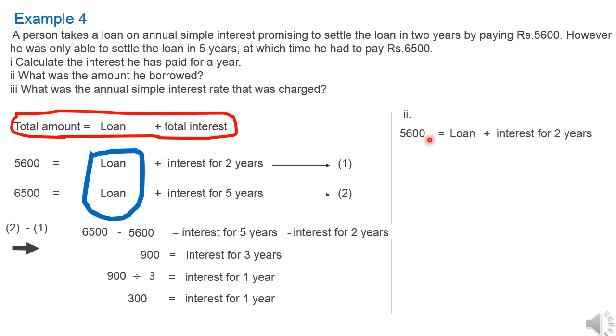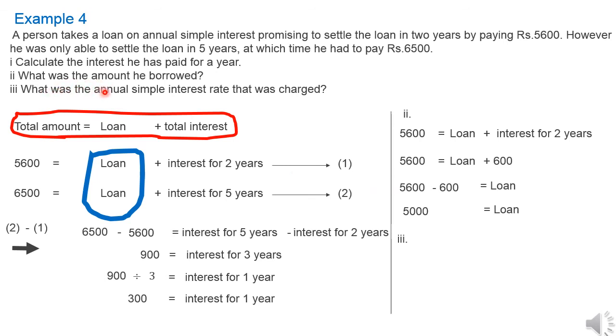So 5,600 is loan plus interest for 2 years, and you put 2 times 300, that is 600 rupees. Then you subtract, and you get the loan is 5,000 rupees, right?